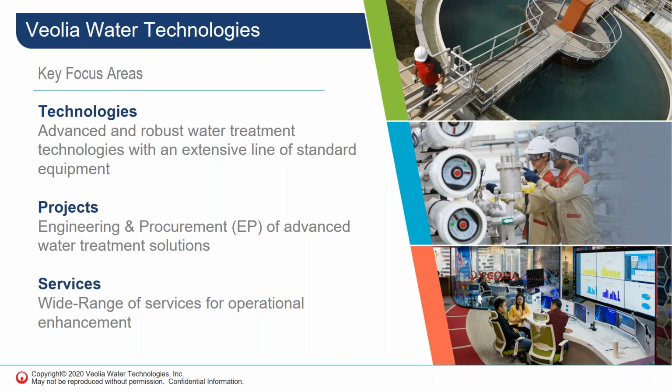We also work in developing projects. We are an engineering and procurement expert, where we bundle technologies together to allow customers to have really robust and creative water treatment solutions. The last pillar is services, which complement the other areas of our business, and we offer a wide range of services within this space as well.